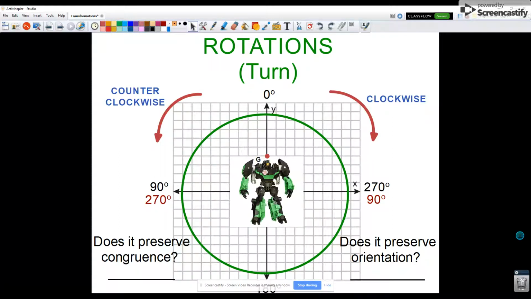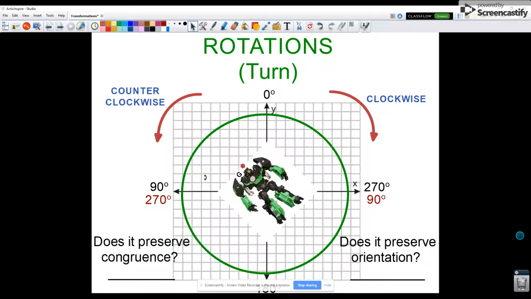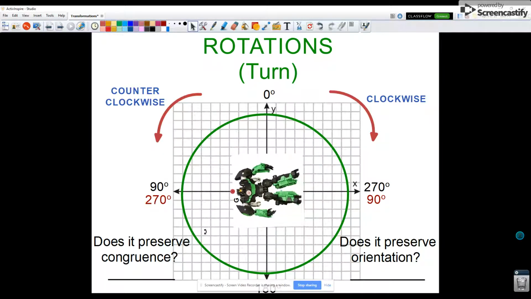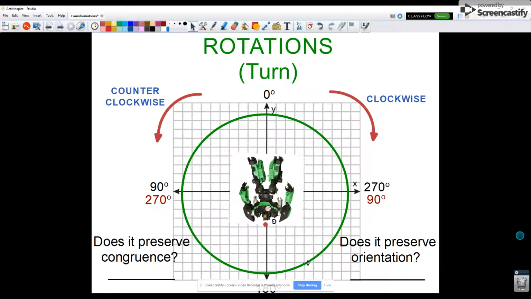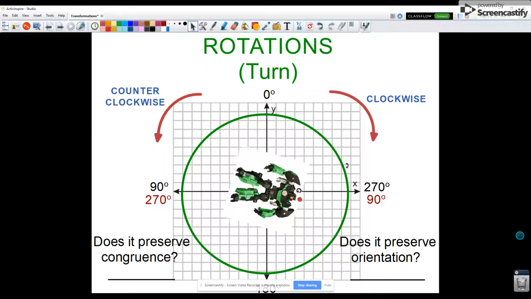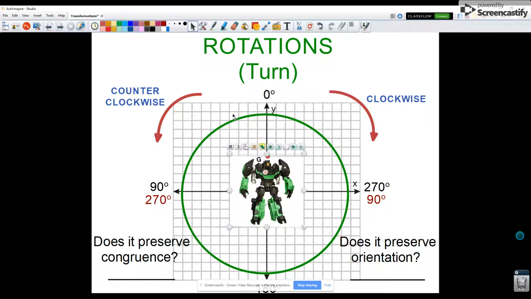Here we have Grimlock, and I am going to rotate him counterclockwise along the circle of the coordinate plane. Now, as you can see the degrees of the circle, so here we are going to rotate him 90 degrees, 180 degrees, 270 degrees, and back to 0, otherwise known as 360 degrees.